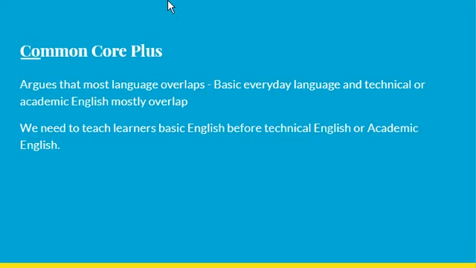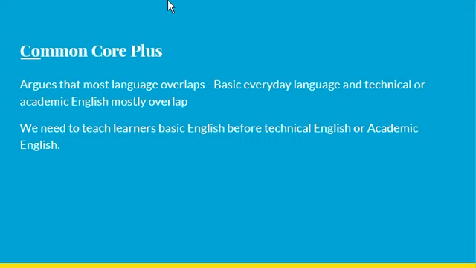Common Core Plus. We looked a little bit at that in the book, and this argues that most language overlaps. So basic everyday language and technical or academic English mostly overlap. They would argue that we need to teach learners basic English before technical English or academic English.